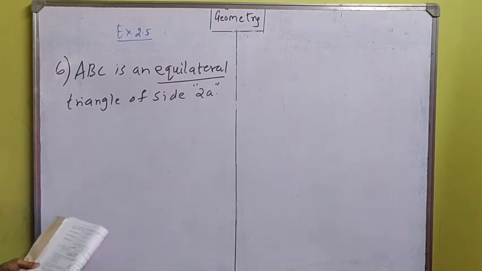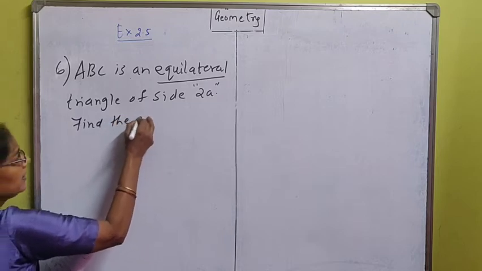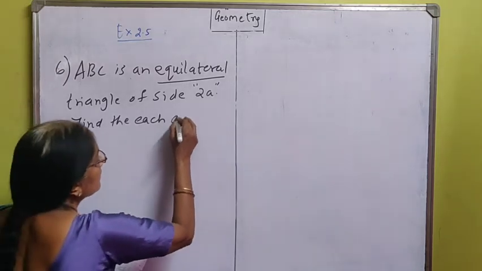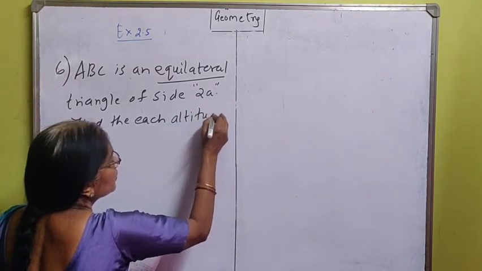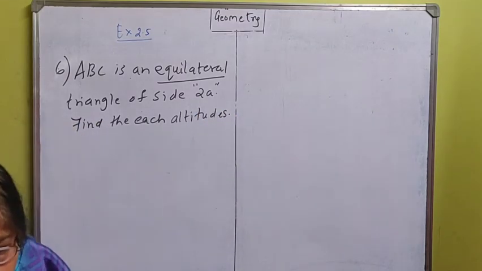Prove that, he tells us. Or what he says, find each. Each means what? How many are there? All of them. Each altitudes. Okay, this is the sum given.